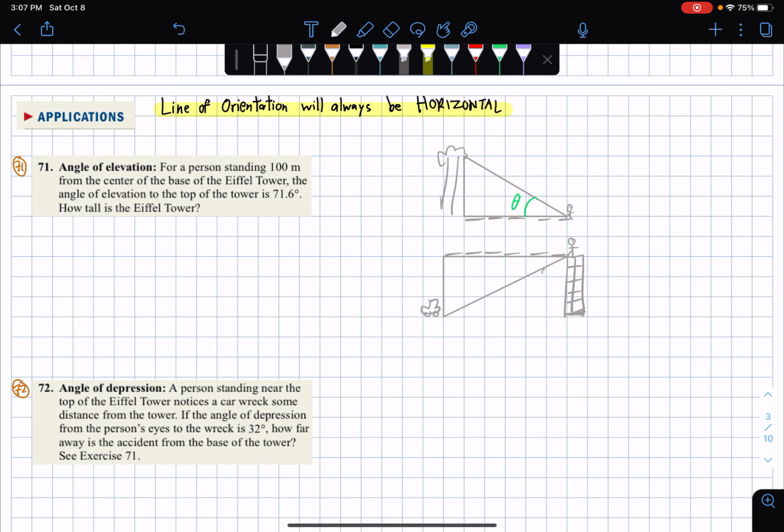I initially thought that this is the angle of depression, when in fact it's supposed to be this one, as whether it's angle of elevation or depression, it has to always be linked with a horizontal line, which would always be considered the line of orientation. So yeah, let's officially start with number 71.